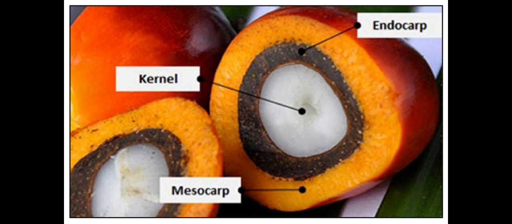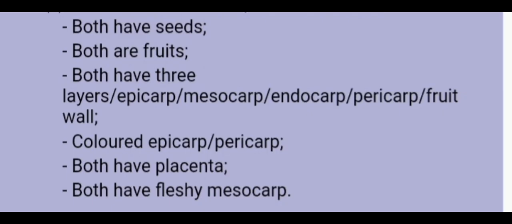There are similarities between drupe and berry, as you can almost see some similarities between tomato and mango. So in case you are asked to find similarity between specimen K, tomato, and specimen N, mango, you see that both of them have a fleshy or succulent mesocarp, both of them have a thin epicarp, and both of them have seeds.